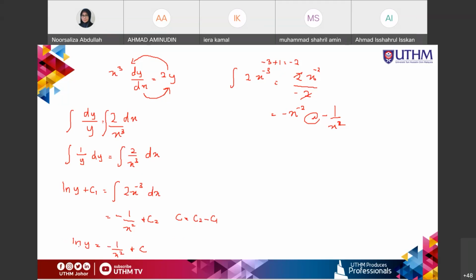Okay, you can remove this ln, betul tak? Awak boleh hilangkan ln ni. Macam mana you nak hilangkan ln?